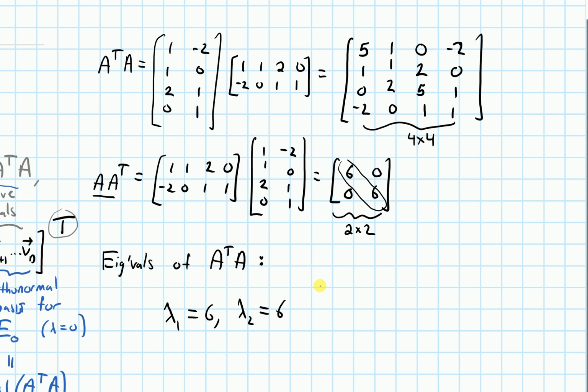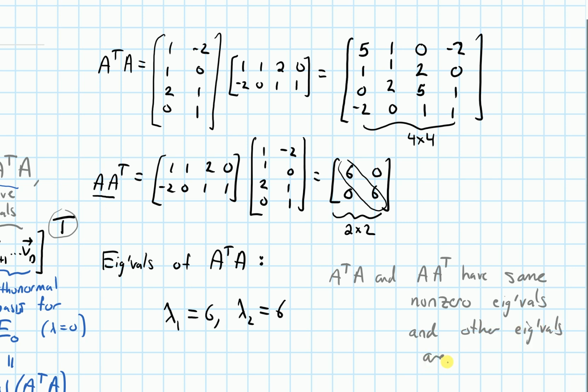Okay, so A transpose A and A times A transpose have the same non-zero eigenvalues. In this case, it's 6 and 6. So what that means is we've now identified all the non-zero eigenvalues of A transpose A, which means all the other eigenvalues must be 0.